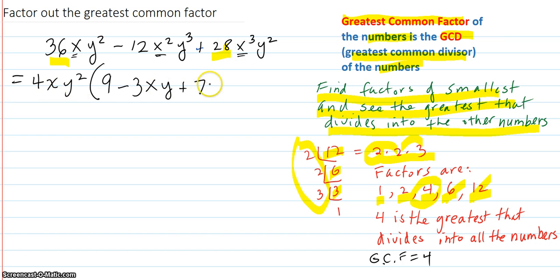X times what is x to the third? It's x squared. Y squared times what is y squared? Just a 1. So this is it. And then, as I said, I suggest that you factor it and multiply it back in just to check to see if everything is correct. And then it is.